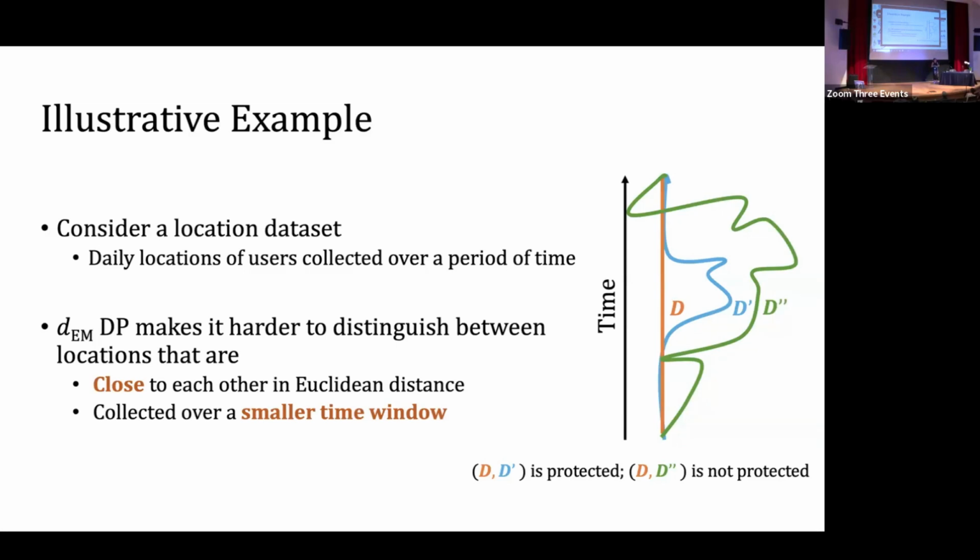Locations collected over an extended period of time, say a month, would typically reveal routine patterns of an individual, while locations collected over a smaller window of time, say a day, reveal non-routine patterns. So why do we have a meaningful privacy guarantee here? Let's again go back to the example of our favorite movie star, Tom Cruise.